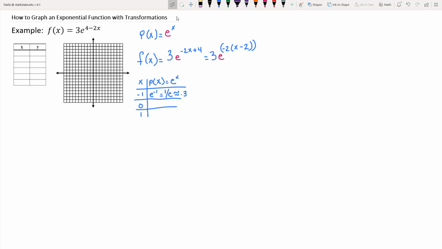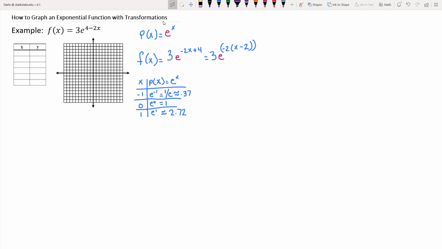And if you have a calculator, you can always confirm that. e to the 0 is just going to come out to be 1. And e to the first, well, I know that to be Euler's number, which is 2.72 approximately. And so those are my three key points at the end of the day. Negative 1, 0.37; 0, 1; and 1, 2.72.